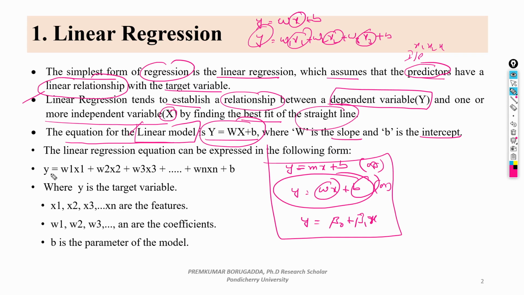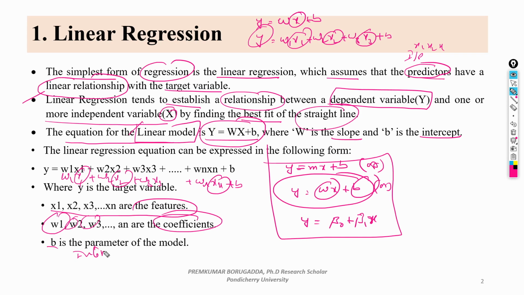This is the linear regression equation: w1 x1 plus w2 x2 plus w3 x3 up to wn xn plus b, where there are input features from 1 to n. These are the input features, w1, w2, w3 are the coefficients, and b is the intercept of this model.